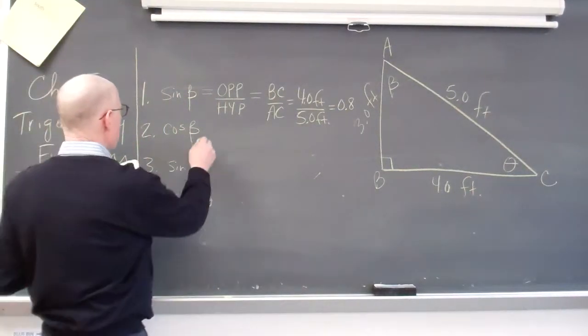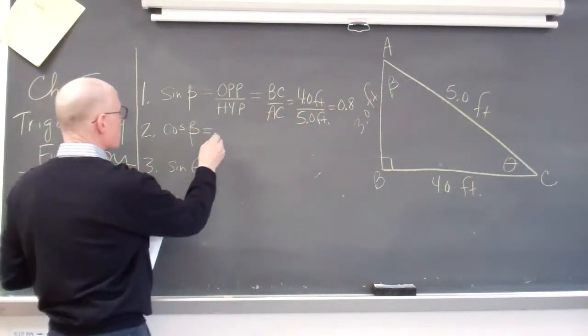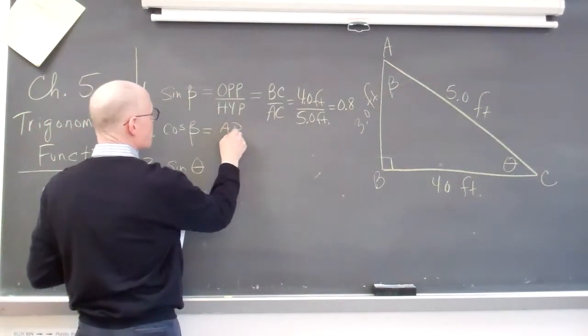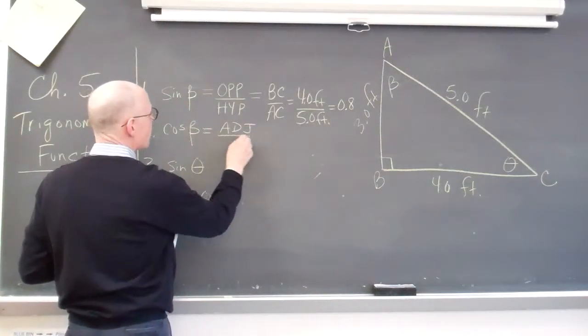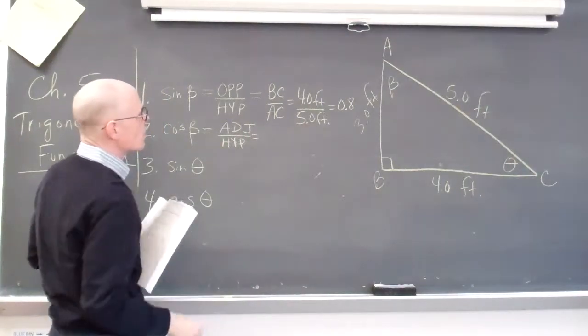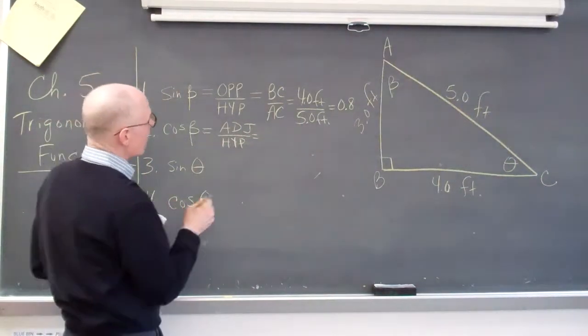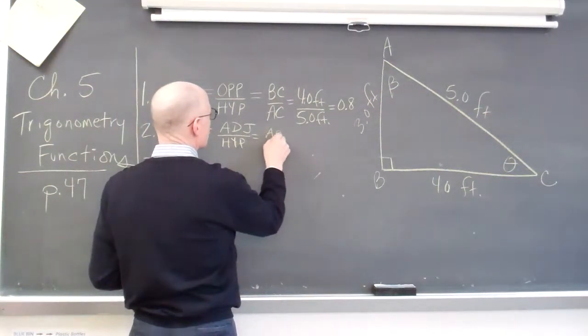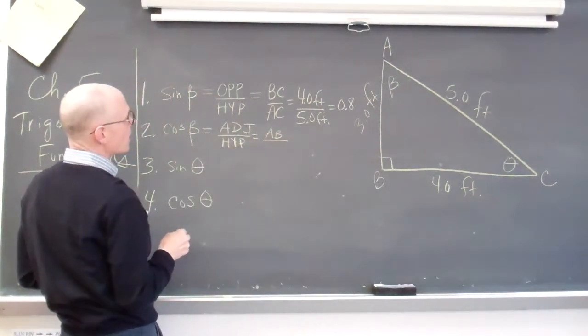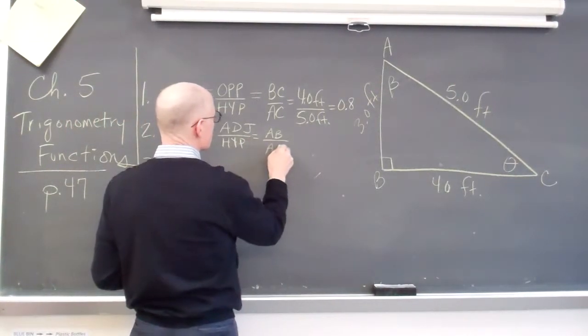All right, now cosine of that same angle beta, that's equal to the adjacent side, we can just abbreviate that ADJ, divided by the hypotenuse. In this case, the adjacent side is side AB. The hypotenuse, once again, is AC.